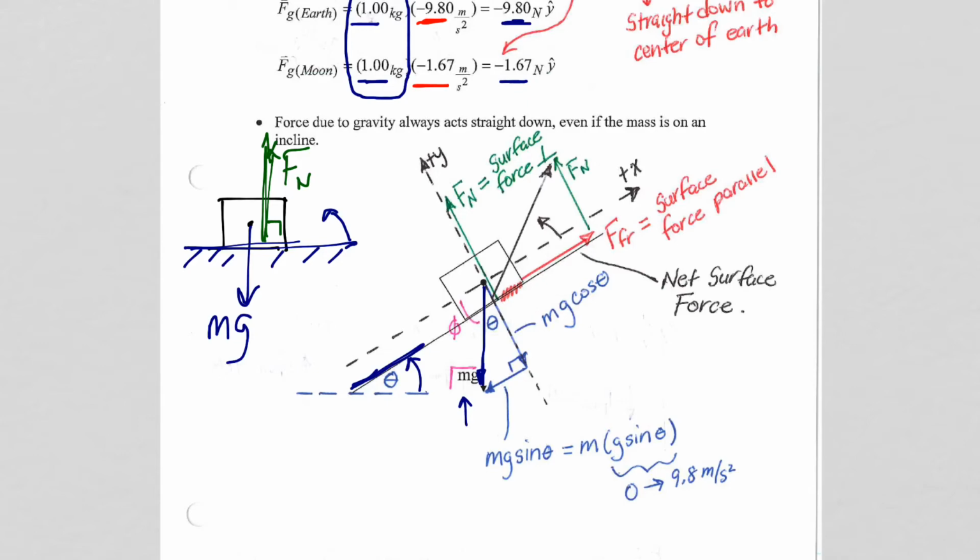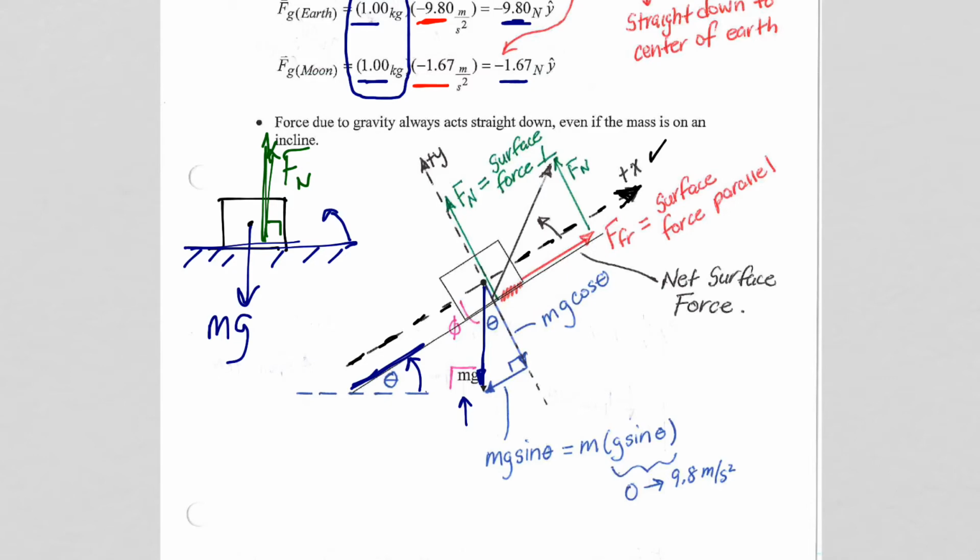The very first thing I want you to do when you have an object, in this case a box on an incline, is to get out your ruler and put a new x-axis parallel to the incline, and actually label that your x-axis.